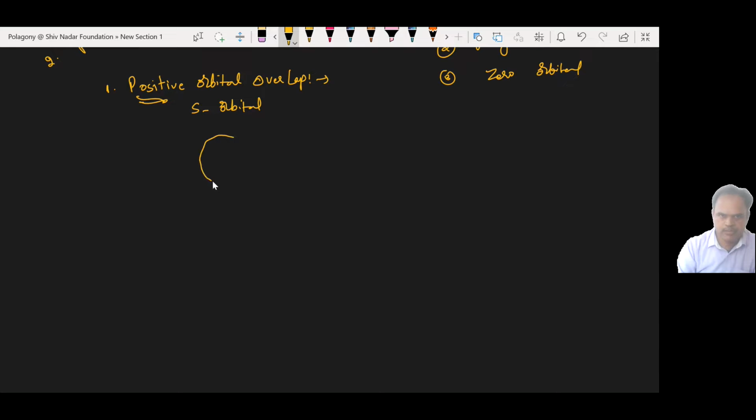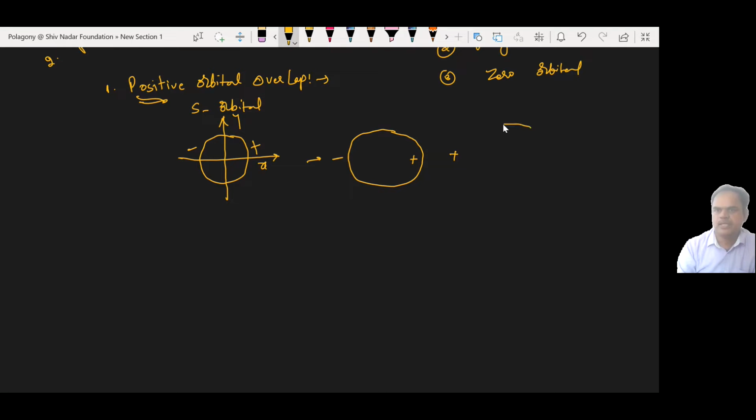The probability of the electron in the s orbital, towards the positive x-axis is taken as positive, and the other side will be negative. The s orbital is spherical, and on the side where the electron exists I take positive, and the other side will be negative.